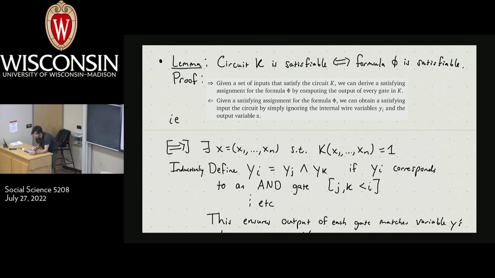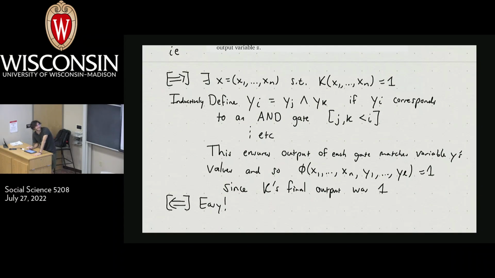So the high-level idea behind the proof is if we had a set of inputs that satisfied circuit K, then that turns into an assignment for the formula phi by computing the outputs of every gate and making those the y variables. Okay, so if that wasn't clear, here's the exact math which says that.